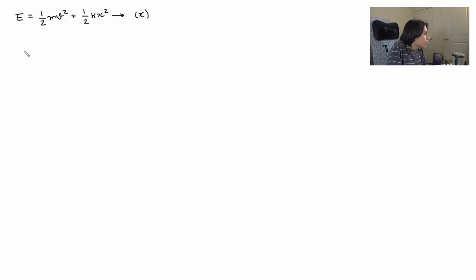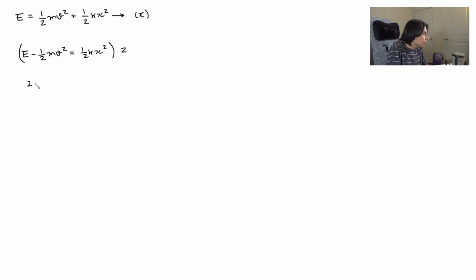In order to isolate x, first we want to get rid of the half m v squared term. We subtract it from both sides so it ends up on the left-hand side of the equation, and we end up with this expression. Now we multiply by 2 to get rid of the denominator on the right-hand side.